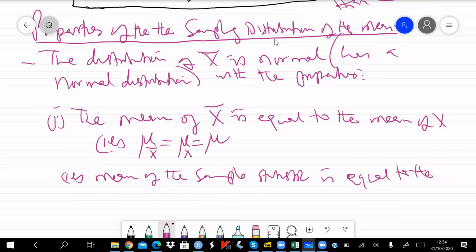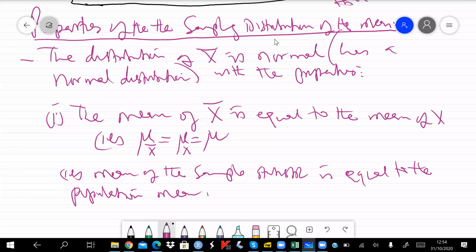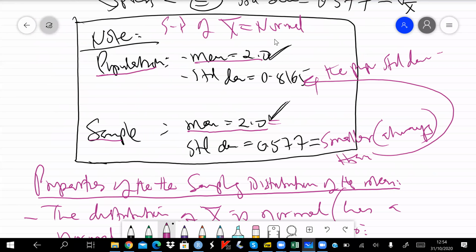And using the example above, using our illustration there, we've seen that for the population, the mean is 2.0, and for the sample, the mean is equal to that. So this is what we are calling mu of X bar, and this is what we are calling just mu, or mu of X. Those two will always be equal.